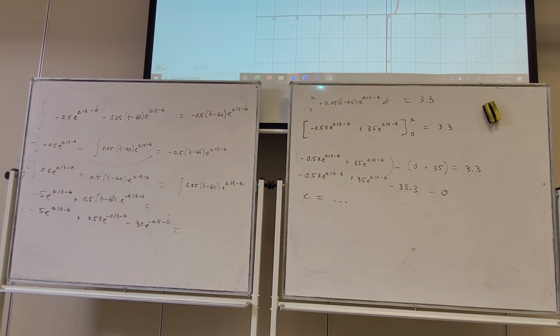Type something in there. Has anyone cracked it? Let's check. Minus 0.5 x e to the 0.1 x take 6 plus 35 e to the 0.1 x take 6 take 38.3. Roots.